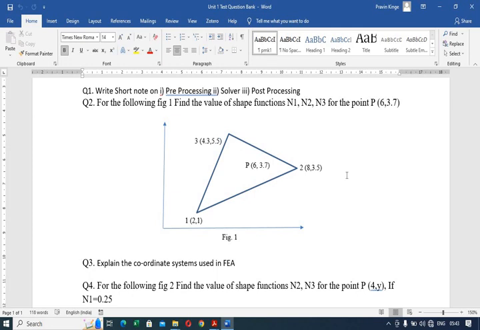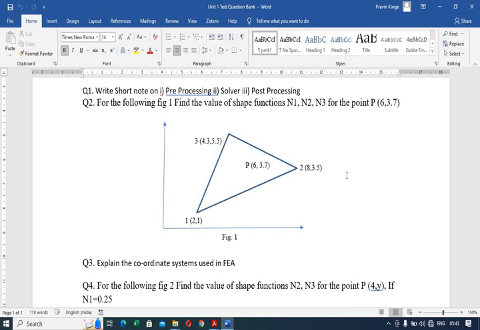Usually in most analysis software, the blue color indicates the smallest value and the red color indicates the highest value. And interpretation of these results is also involved in the post processing. So in both pre-processing and post-processing, the end user is completely involved, but the solver is the hidden part of the CAE analysis.